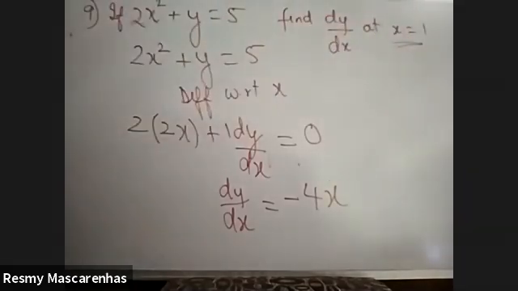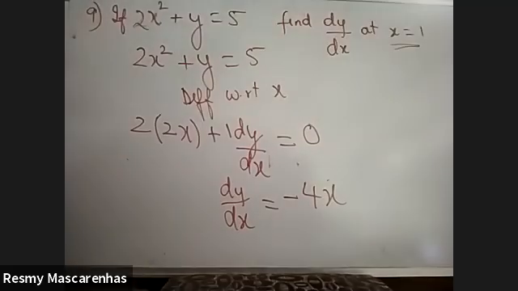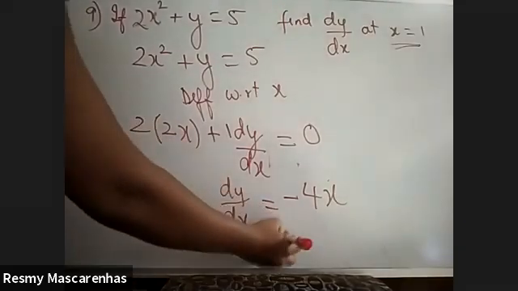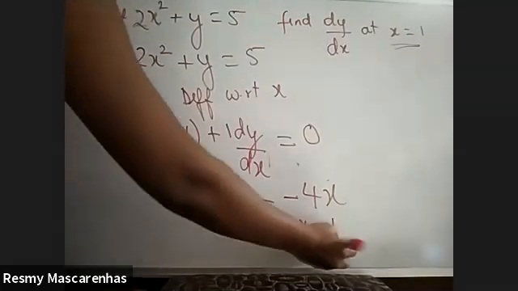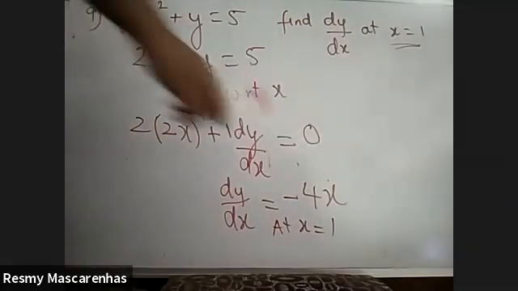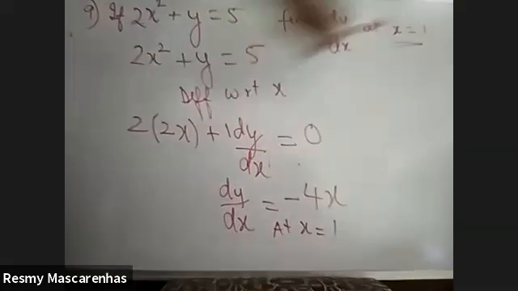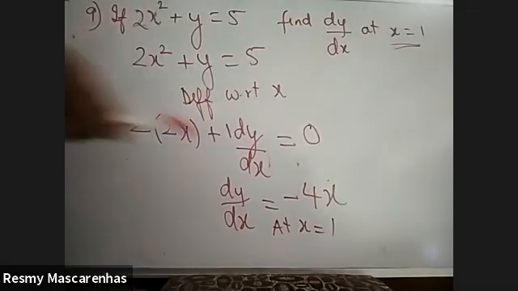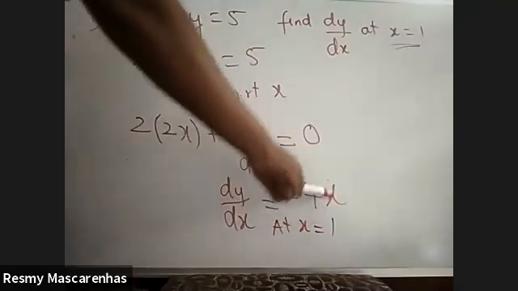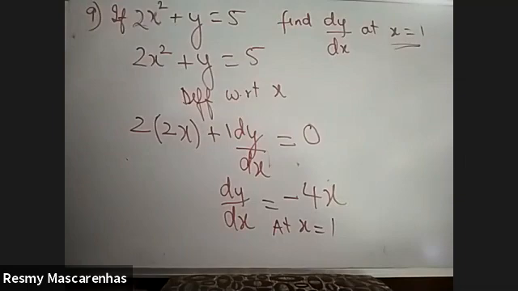Find dy by dx at x is equal to 1. Okay, so at x is equal to 1, put value of x as 1. So whenever they say at any particular point, wherever there is x in your answer, put it equal to 1.